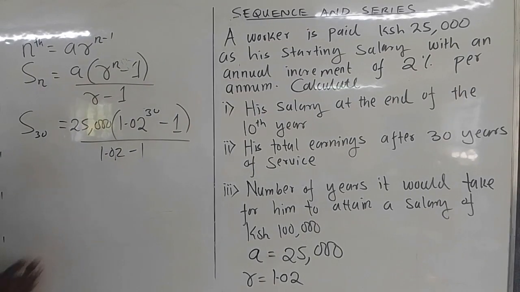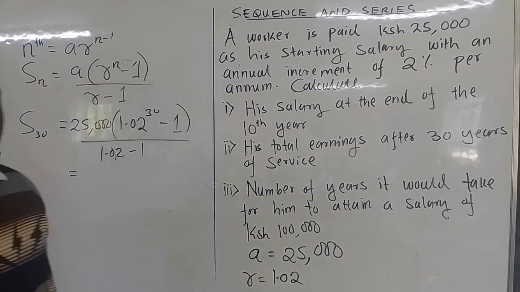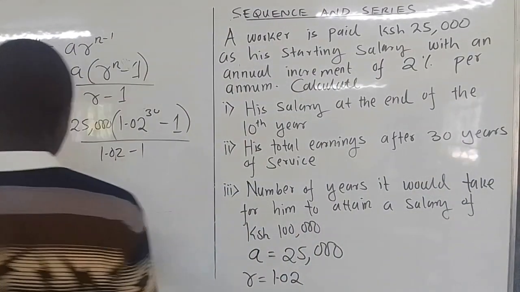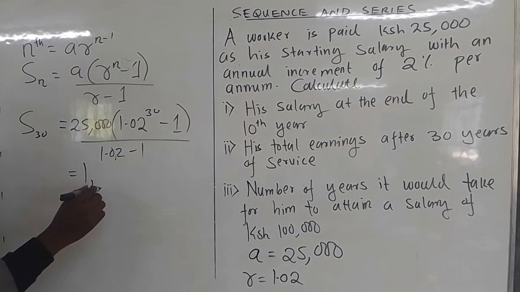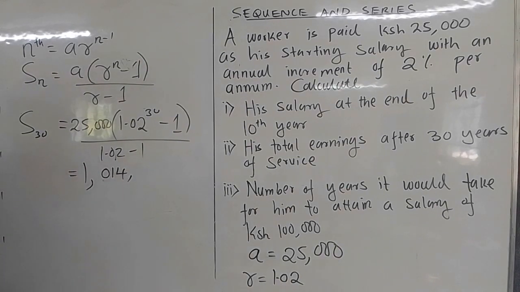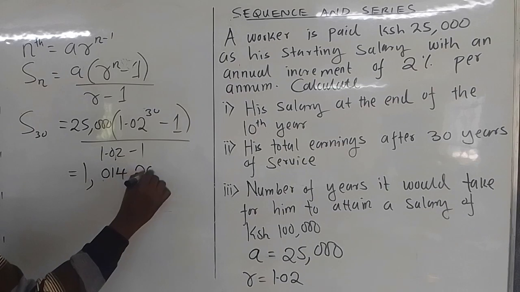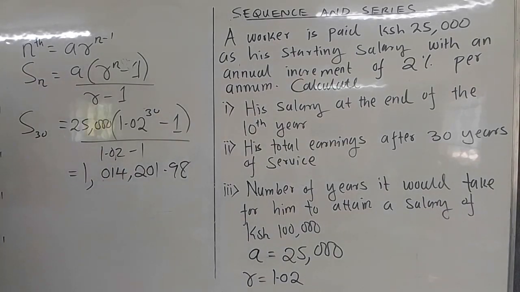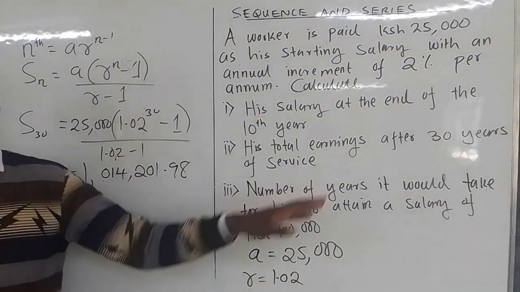What do you get? You have 1,014,201.98 shillings, isn't it? That will be the total earnings after 30 years.